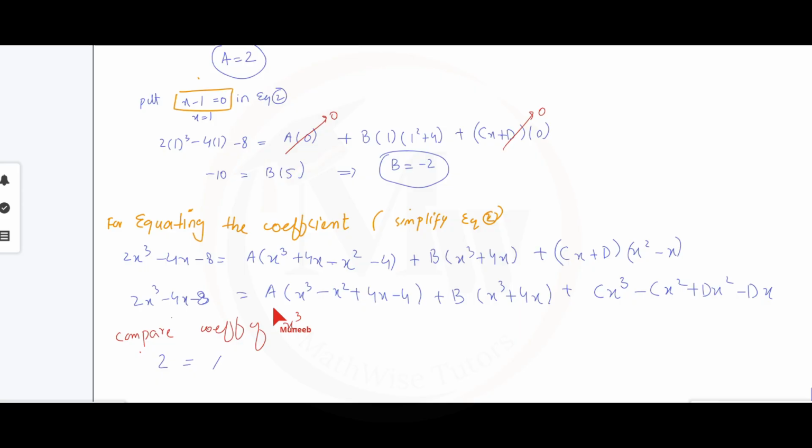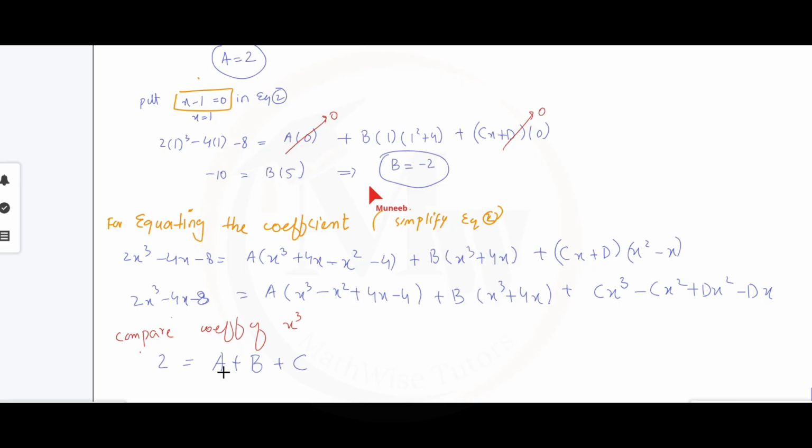The coefficient of x cubed will be a here, plus there is also b, plus also c. The coefficient of x cubed is a, b and c, all of them. So whatever coefficients you have, write all the coefficients of the same variable. If I say x cubed, only compare the x cubed coefficients. If we have x squared, only compare the coefficients of x squared and equate them, okay?